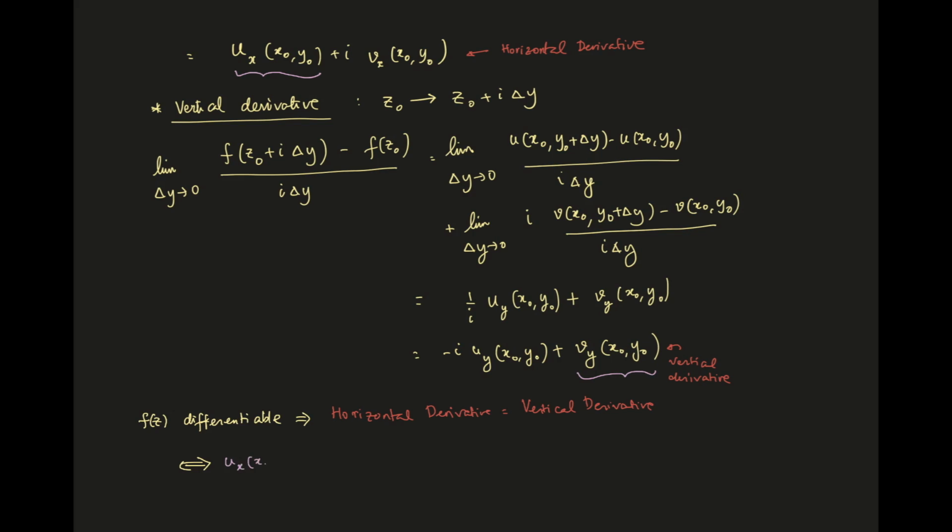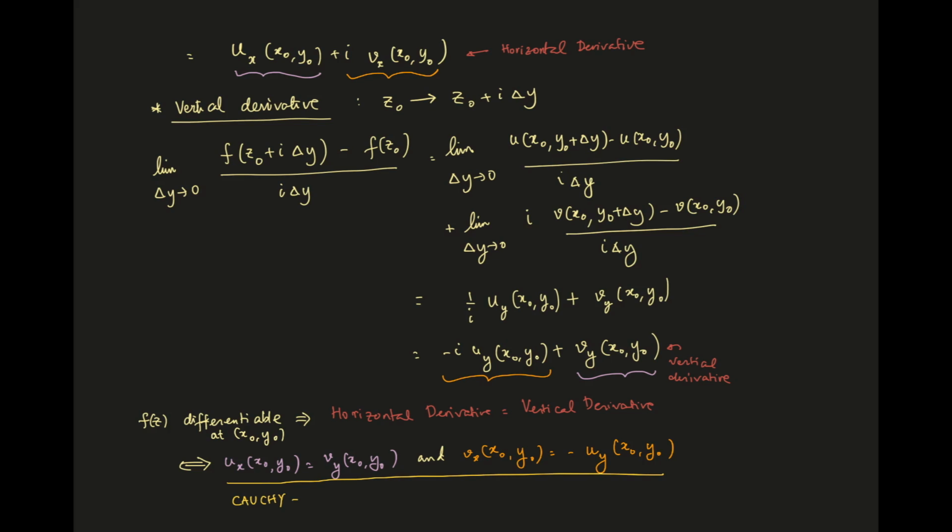So matching the parts of the horizontal and the vertical derivative, we get ux of x naught, y naught is equal to vy of x naught, y naught, and vx of x naught, y naught is equal to minus uy of x naught, y naught. These two conditions together are called the Cauchy-Riemann equations or the Cauchy-Riemann conditions.